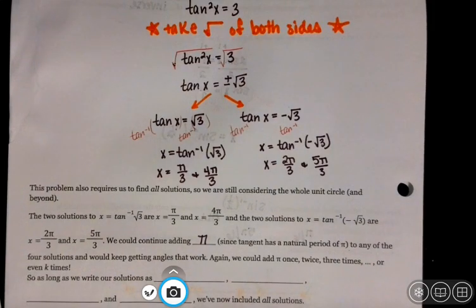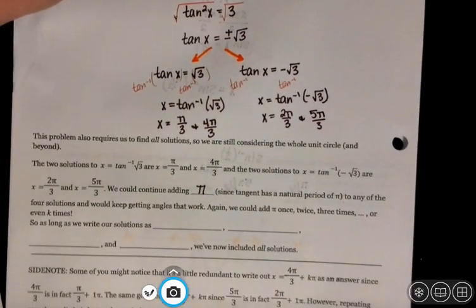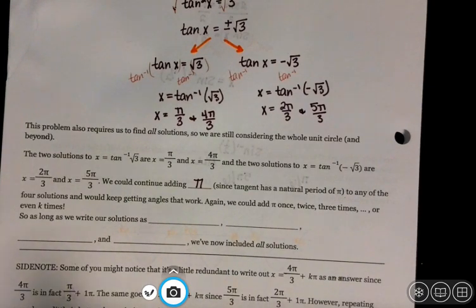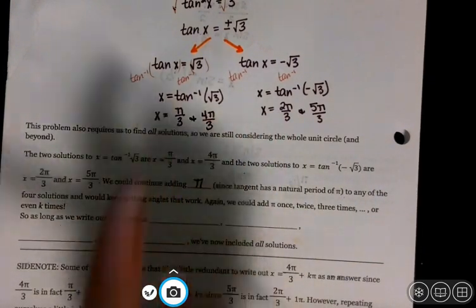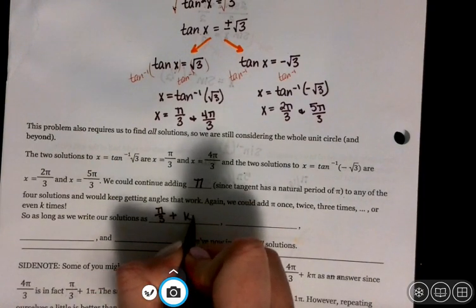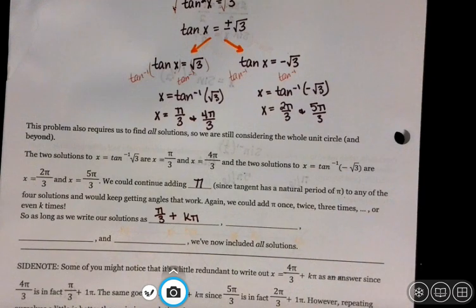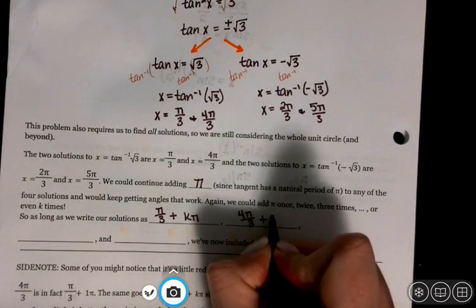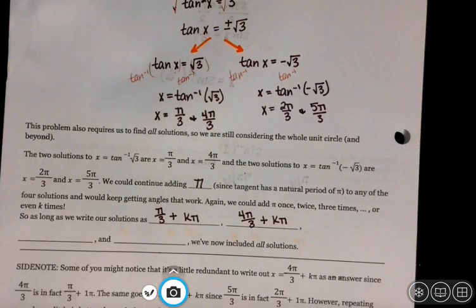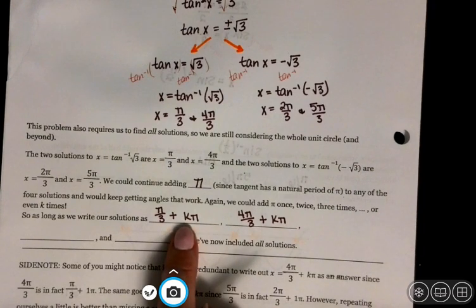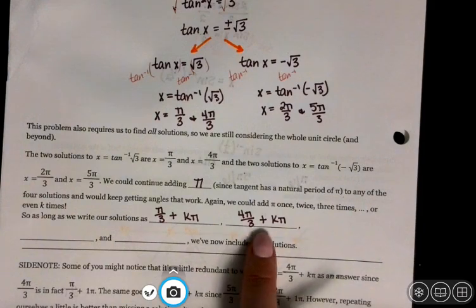So for our final solutions, I'm going to scoot it up a little bit. We have 4 of them because we had 2 for each side here. So I'm going to start with pi over 3. So pi over 3 came from here, plus I'm adding k pi onto it because pi is my natural period for tangent. 4 pi over 3 plus k pi.